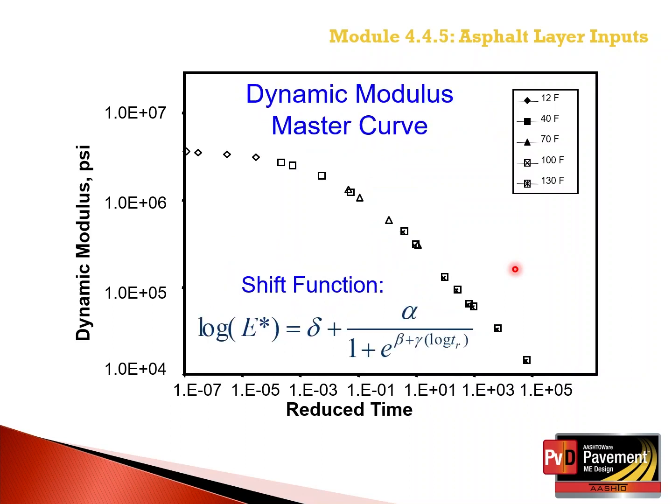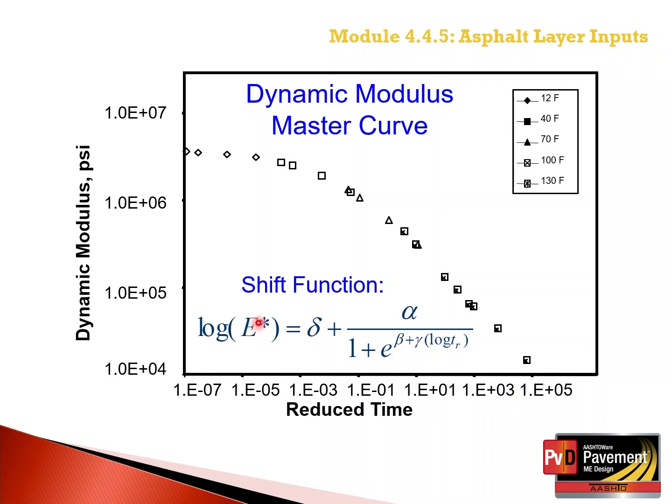This chart is a graphical illustration of the master curve that was created from the dynamic modulus values shown on the previous slide, along with a sigmoidal shift function used to determine the shift factors. The following defines the parameters of the sigmoidal shift function. E star is the dynamic modulus that's measured in the laboratory.